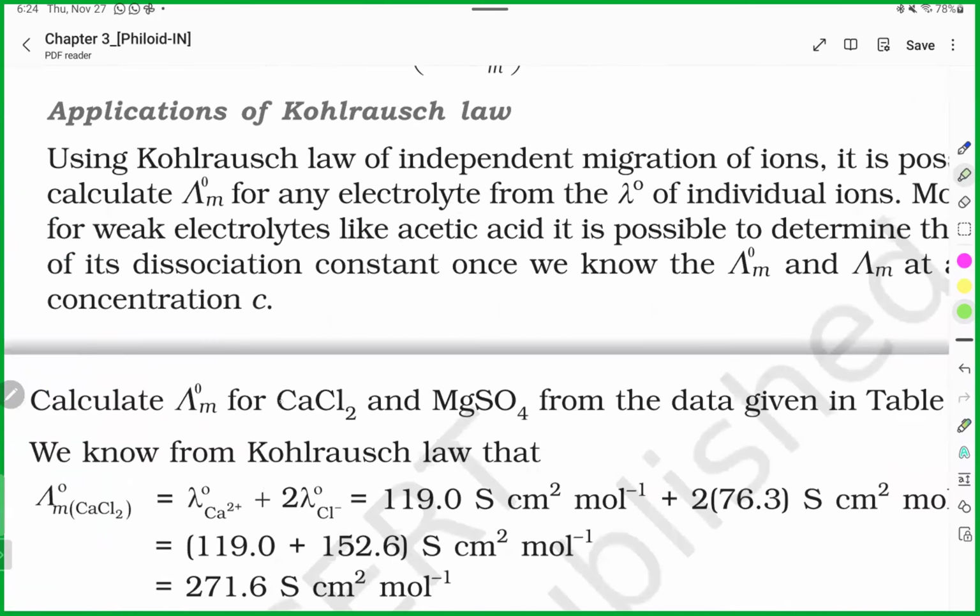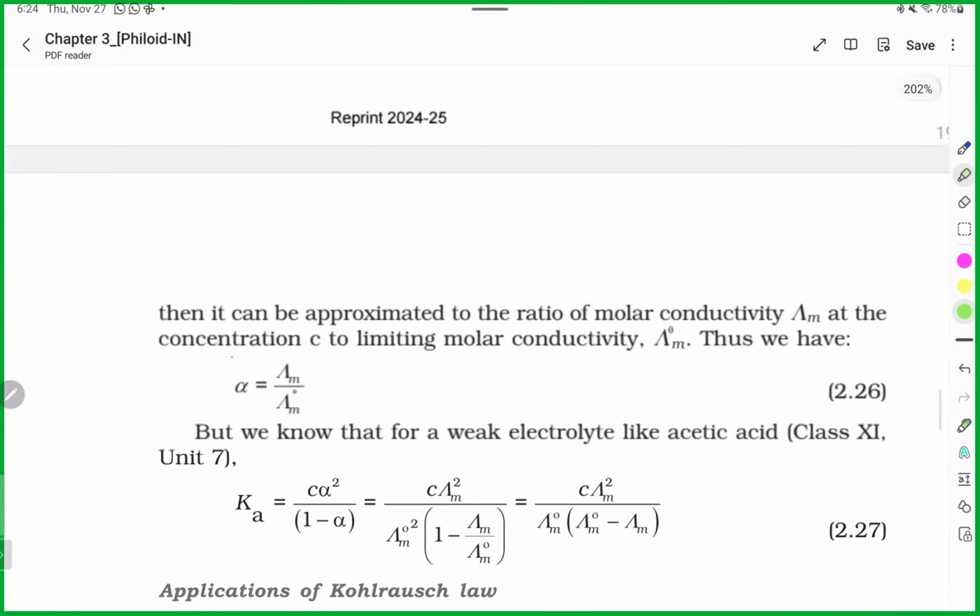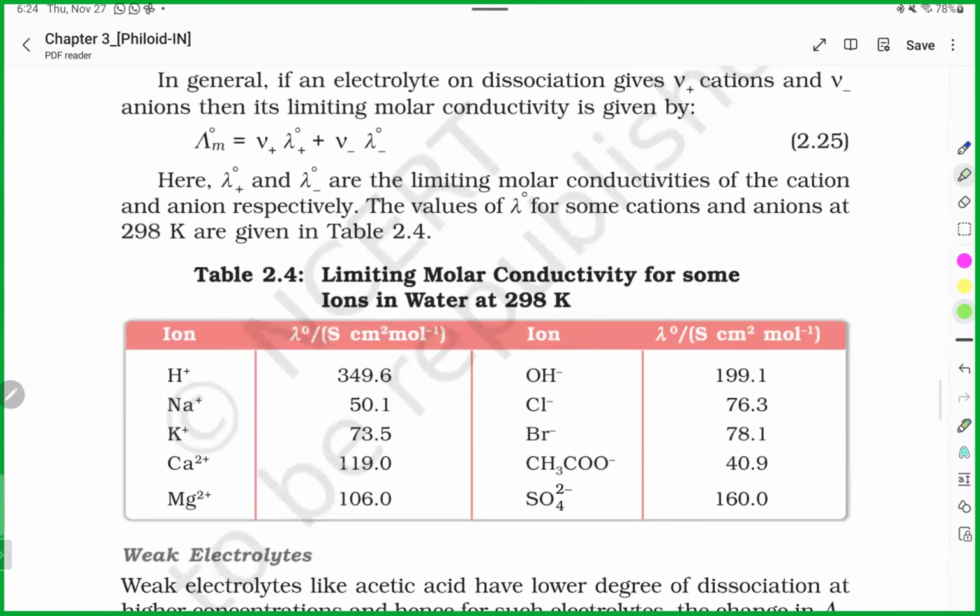For example, they are asking to calculate the conductivity of calcium chloride and magnesium sulfate. How to calculate? The calcium value is given in the table. What is the calcium value here? 119. What is the chloride value? 76.3. If you want to calculate calcium chloride conductivity, it is 119 plus 2 into 76.3.